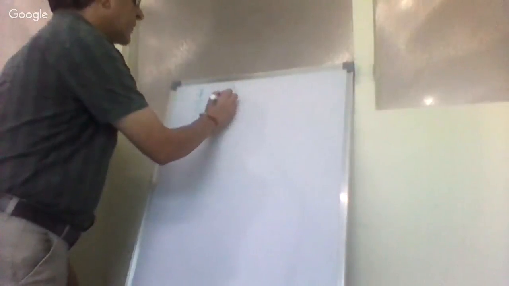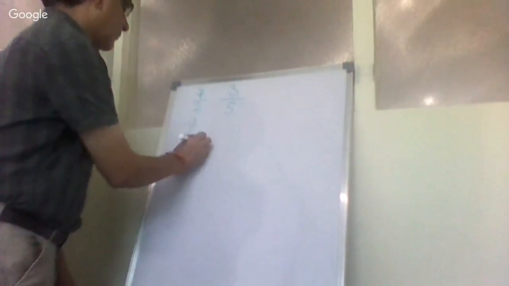Okay. Take another number, say 3 by 5. What number are you getting? 1.666?